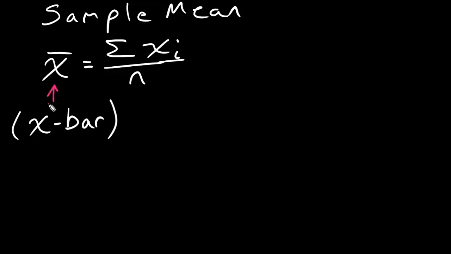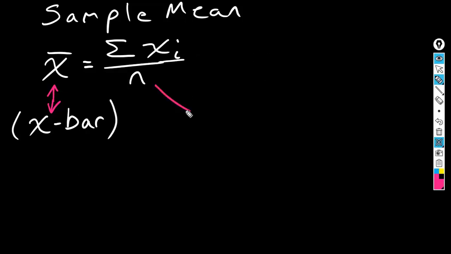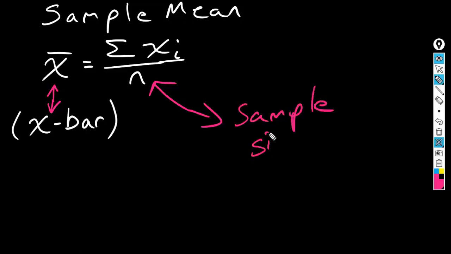Again, x bar. We've got that sum of xi here. We have lowercase n, which is our sample size. How many observations did we get for our sample? It's not the entire population.